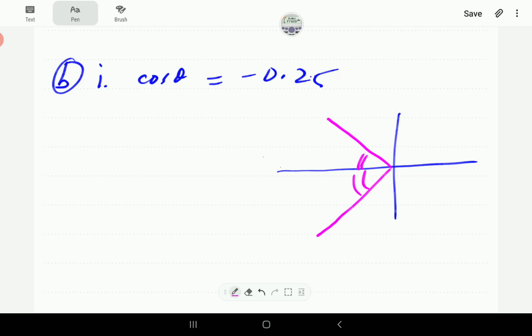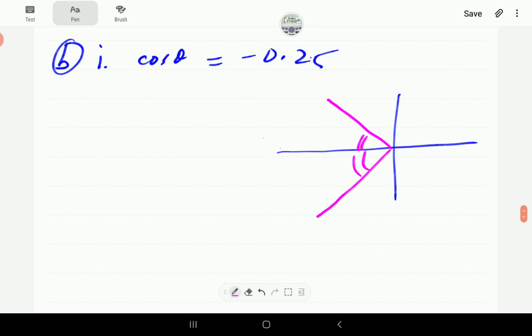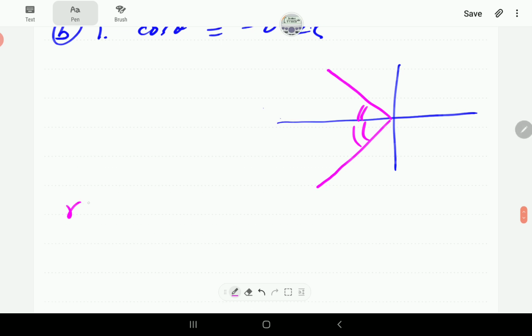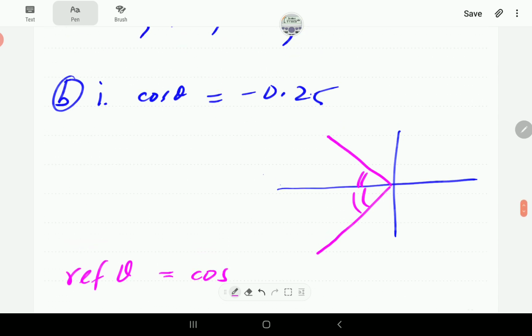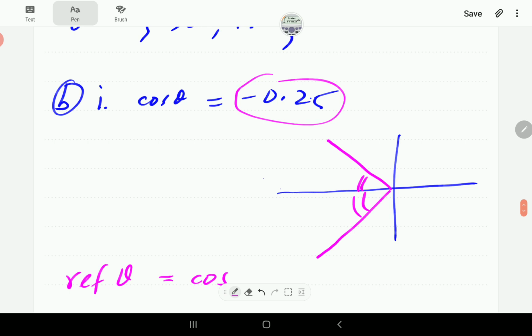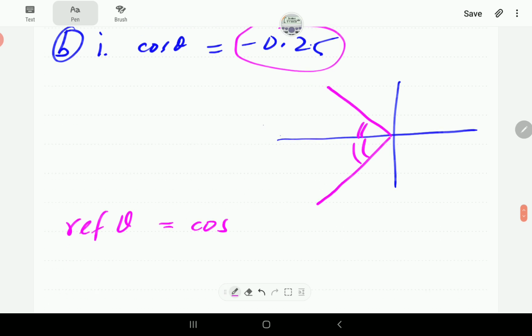Then the next thing we do, we find ref theta. Whenever this is negative, to find ref theta we disregard the negative sign. So we're just going to do inverse cosine of 0.25.